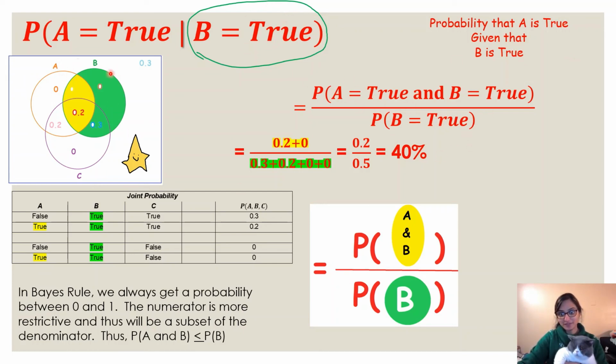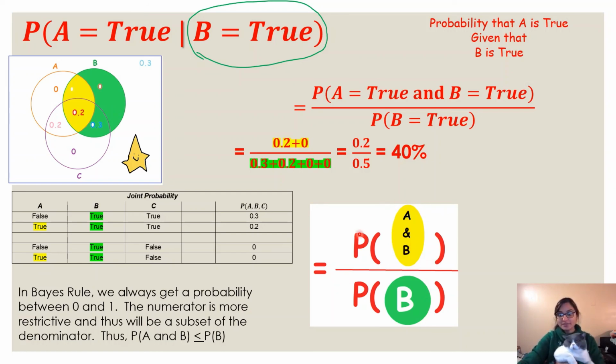So that's why here you look at the probability of B, and that's this whole space here with a bigger probability than what we're looking at here. A and B is restricting B down to what is shared between B and A. So that's why this thing is going to be less than or equal to the denominator. Or maybe they don't even share anything at all, and that's why this can be 0.